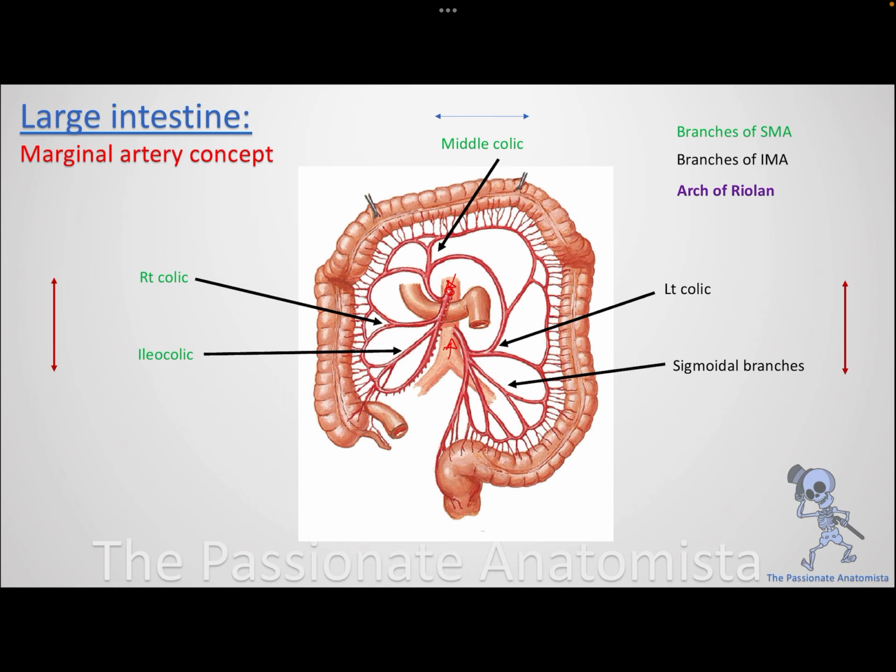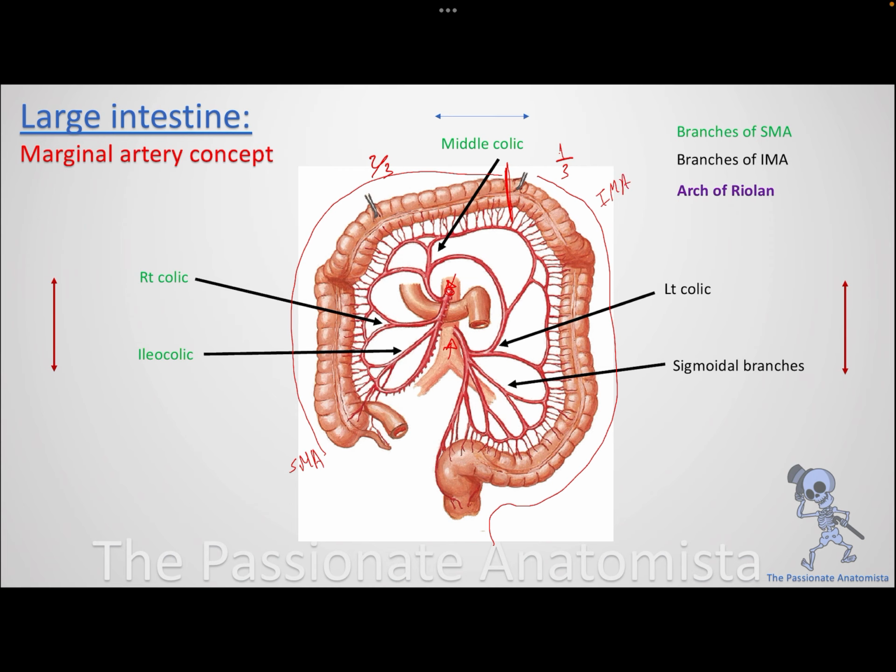In the large intestine, everything up until the junction between the right 2/3 of the transverse colon and the left 1/3 is considered midgut, supplied by the SMA, the superior mesenteric. The left 1/3, descending, sigmoid, rectum, and anal canal are considered hindgut, and they are supplied by the IMA, the inferior mesenteric.